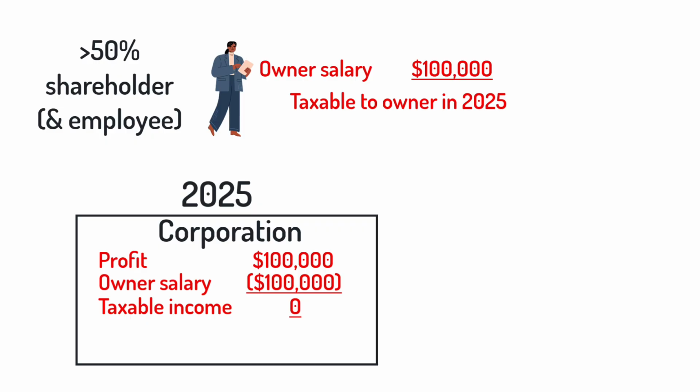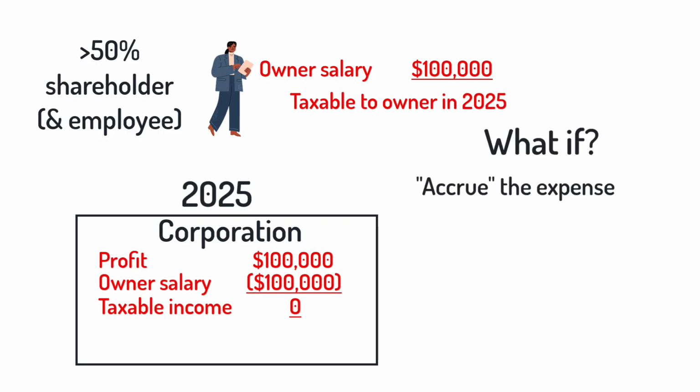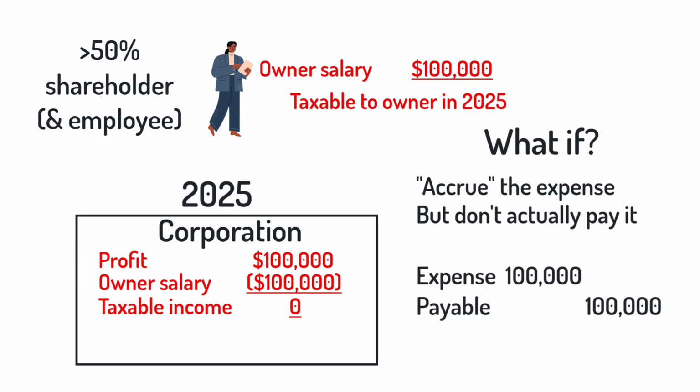Well, if this is legal, and it is, I have a better idea. If the corporation is an accrual corporation, why don't we just accrue the salary expense on the part of the corporation, take the tax deduction, and zero out the taxable income? We don't actually pay the owner $100,000, we just make this journal entry.